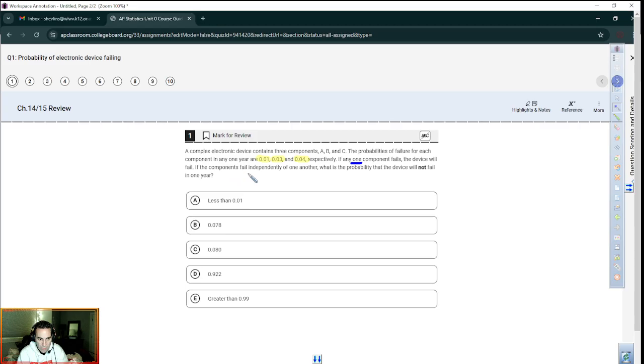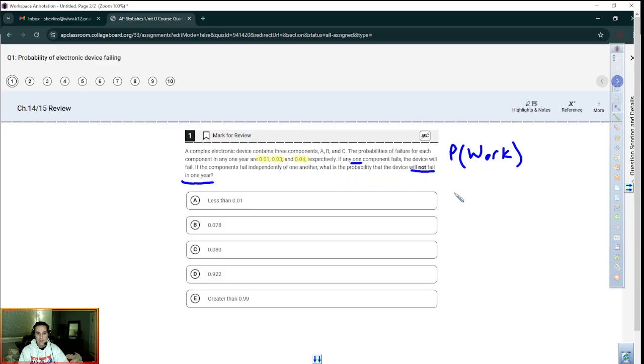If all the components fail independently of one another, what is the probability that the device will not fail in 1 year? So they are basically asking you to calculate the probability that the device is going to work for the year. The only way this device works is if all three components work.